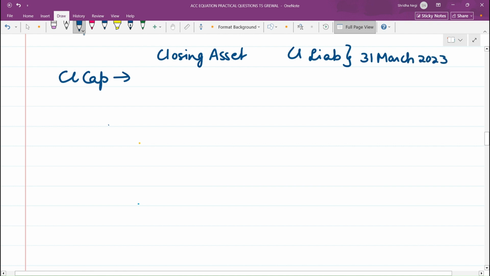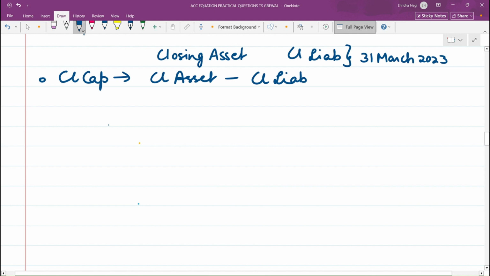So closing liability, the liability as on 31st March is this much amount likha hoga. So you can find out the closing capital from here. Closing asset minus closing liability will give you the closing capital. Okay, one method is this.